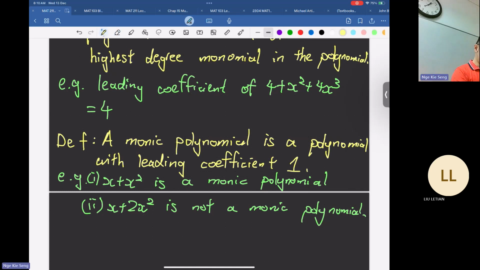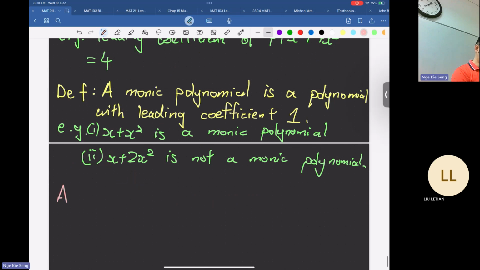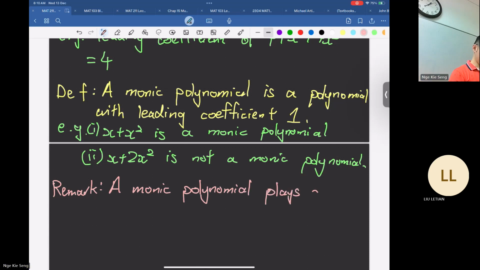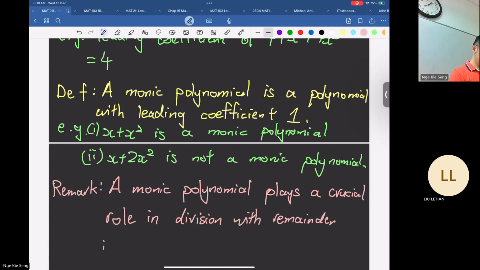So a monic polynomial plays a crucial role in division with remainder in the polynomial ring.